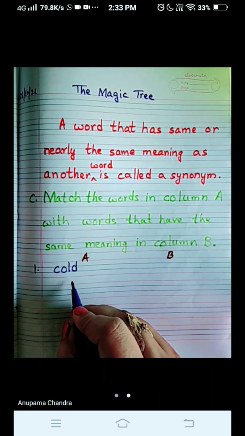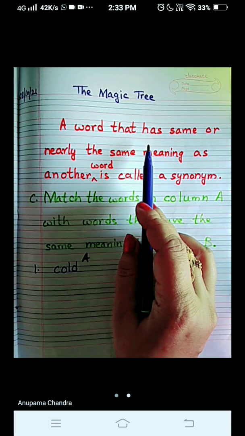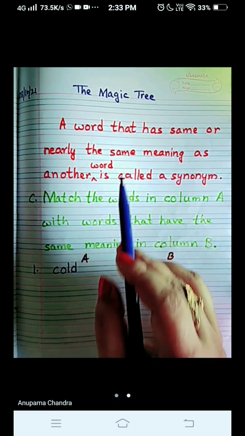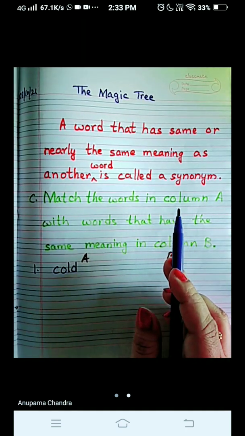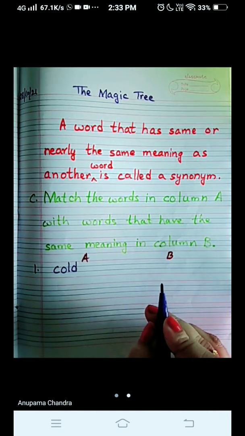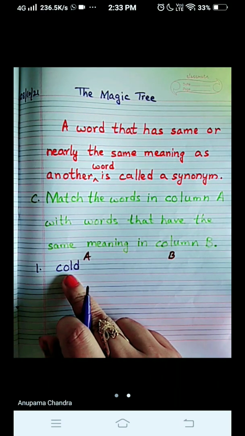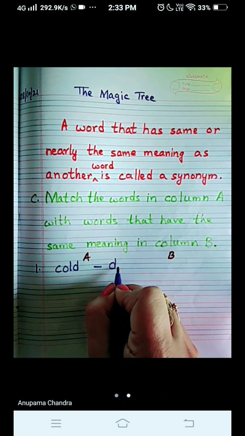So the correct synonym for the word cold, the word that has the same or nearly the same meaning as another word, is called a synonym. So among these, the synonym for cold can be, put a dash over here, the D option given in your book.